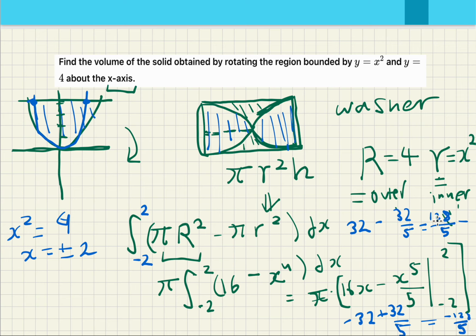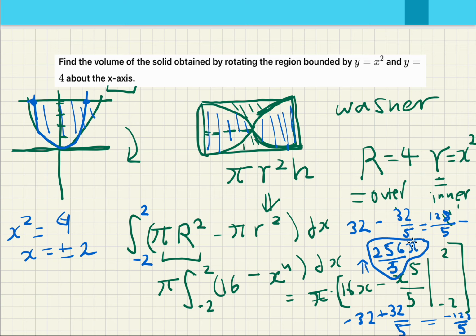And so when we subtract, 128 over 5 minus negative 128 over 5, we get 128 over 5 plus 128 over 5. So in that case, it would be 256 over 5. So our answer is not 256 over 5, it's 256 pi over 5.